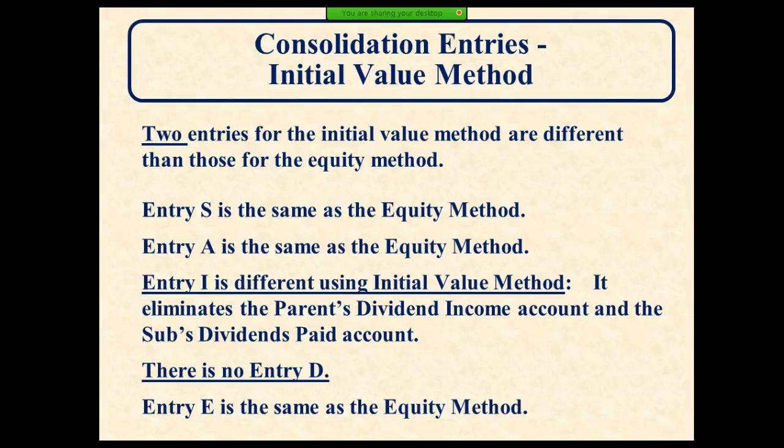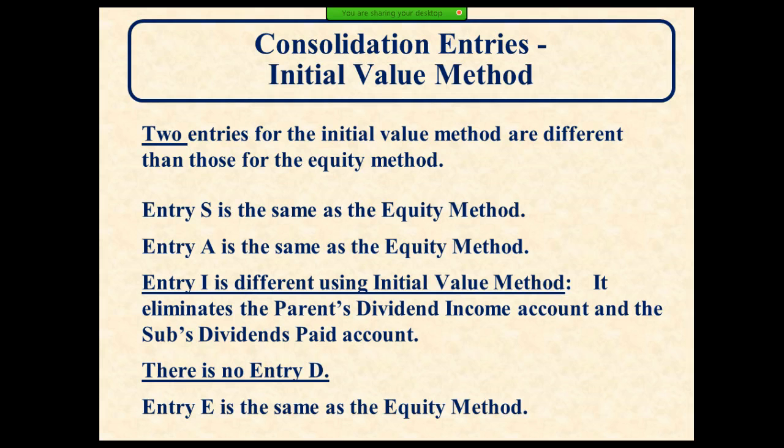The equity method versus this initial value method is going to have the same S entry and the same A entry. But the amortization, that excess amortization, is basically entry I, equity income accrual including amortization, which gets eliminated under the equity method.